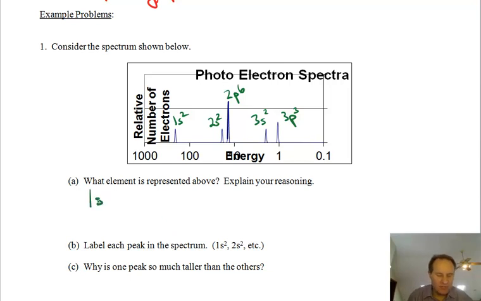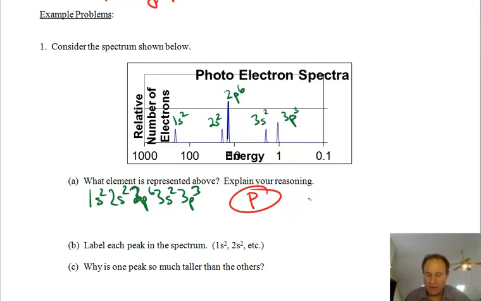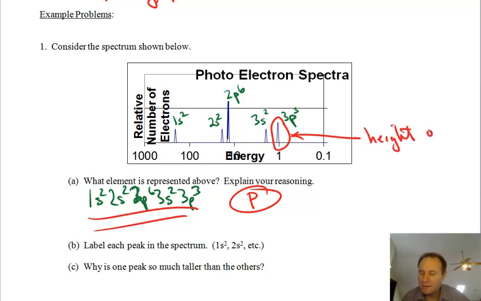So I look based on 1s2, 2s2, 2p6, 3s2, 3p3. I look where that is on the periodic table, and I see that we're talking about the element phosphorus. Phosphorus because it contains all of those orbitals, and I especially want you to clue in here on the height of that peak gives me 3 electrons.